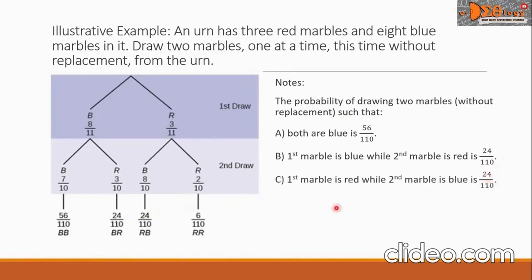Letter C, the first marble is red while the second marble is blue, the probability is 24 over 110. Letter D, when both are red marbles, the probability is 6 over 110. So this is our final answer.